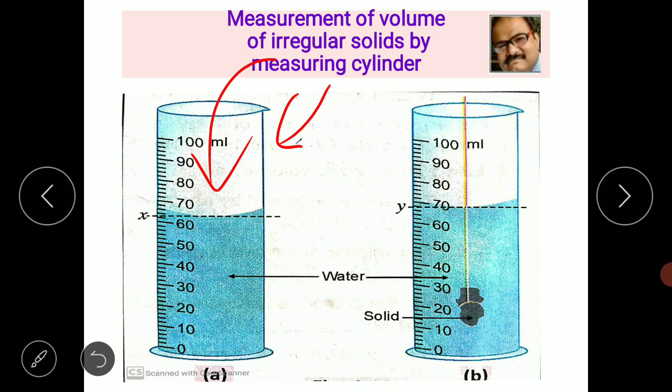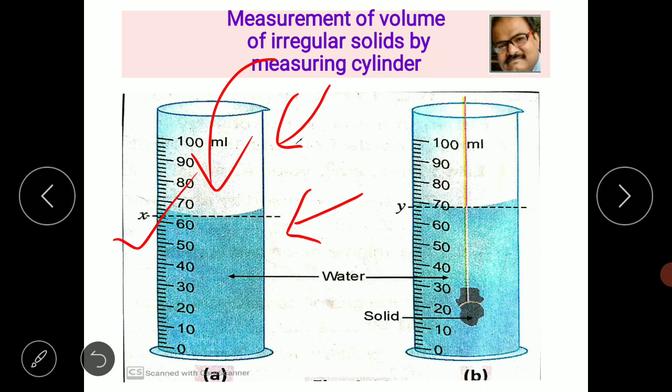By keeping the eye at the lowest point of the concave surface, we record the volume of water. So let it be X. See the dotted line? X. So now we know what is the volume of water in the measuring cylinder.